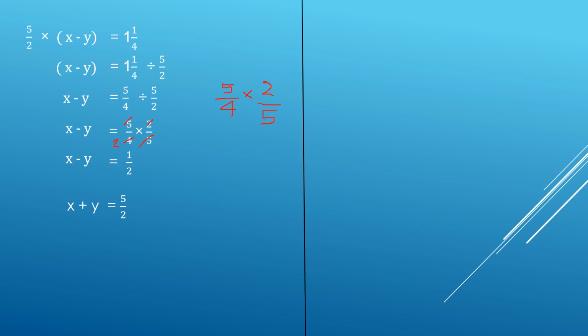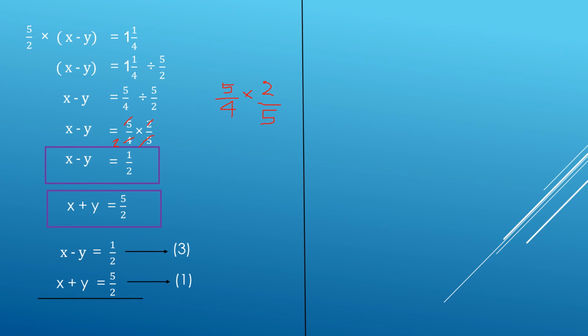And already we got x plus y equal to 5 by 2. See, so we have two equations now. Now you can easily solve this. Tell me. x minus y equal to 1 by 2, equation number 3, and x plus y equal to 5 by 2, equation number 1. We are solving by adding.